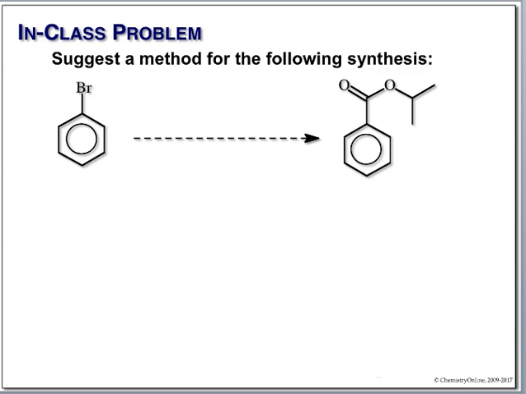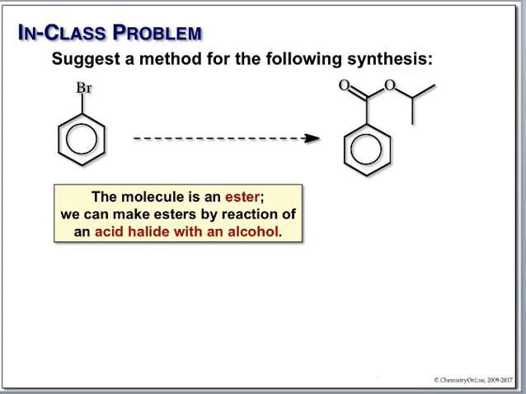But this is the chapter on acid halides, isn't it? So let's do it with an acid halide. Here we would need benzoyl halide and 2-propanol. Go ahead and write the two reactants.